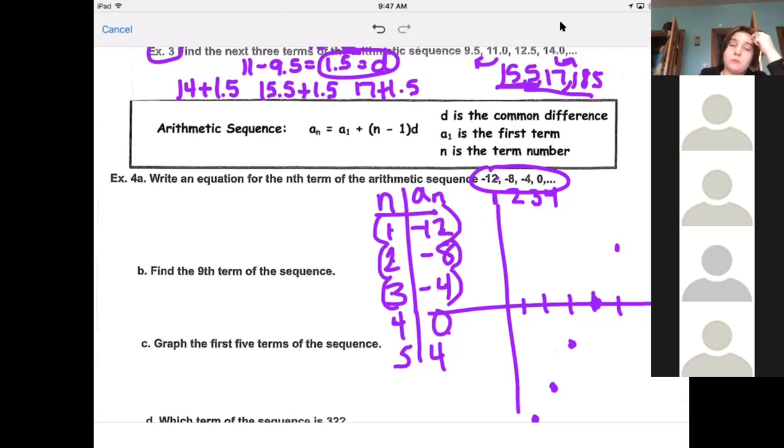All right, so AN is like your Y, N is like your X. N means the term number, and AN means the value at that term number. So here we have term number 3, the value of it is negative 4. So 3 would be your N, your AN would be negative 4.